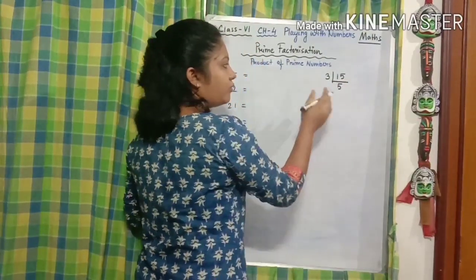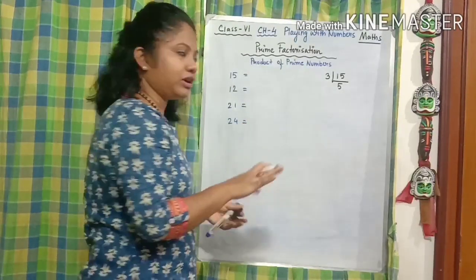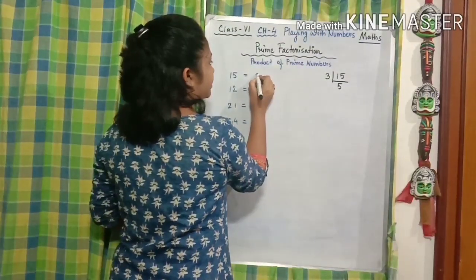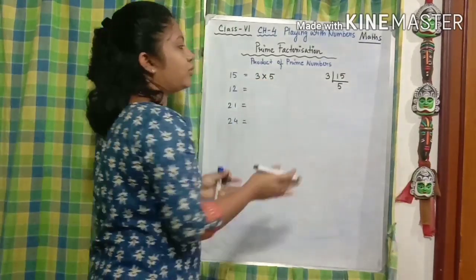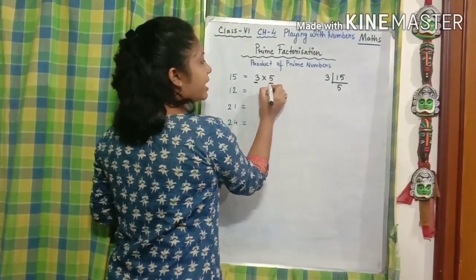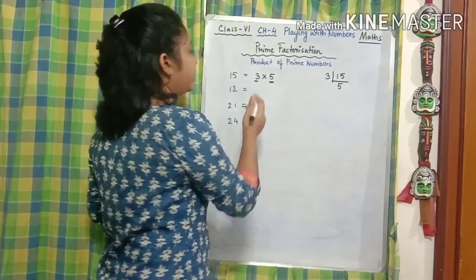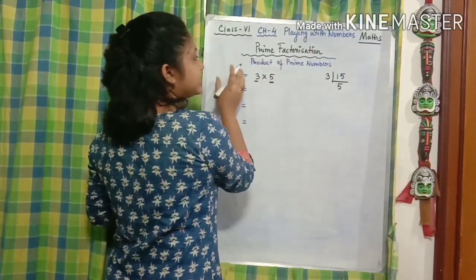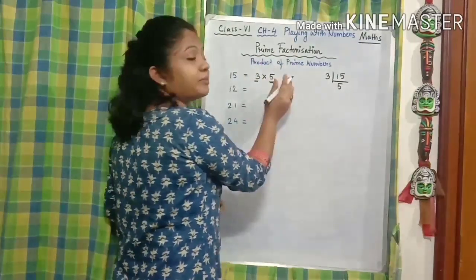Now 5 does not have another factor other than 1 and itself, so we can say the product of 3 and 5 is equal to 15. Both of them are prime numbers, or co-prime numbers. So this is the way of prime factorization, and this is the method.